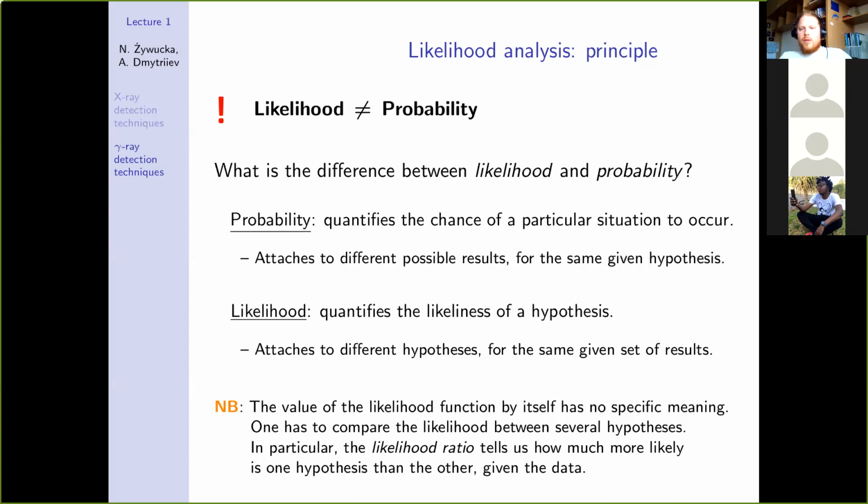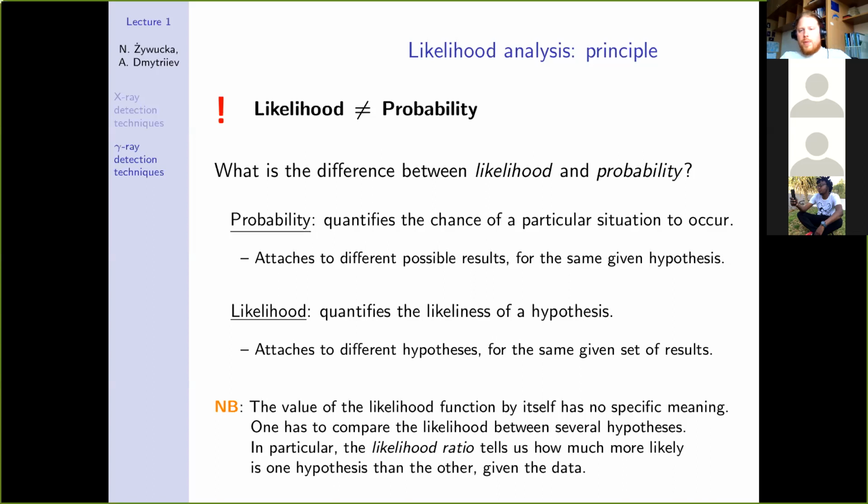If you compute the likelihood function, the number you get doesn't tell you anything, contrary to probability. If you have a probability of rain tomorrow of 20%, you can sense it somehow, but the likelihood value doesn't give you anything.